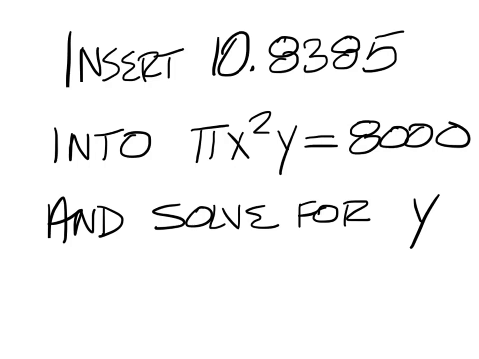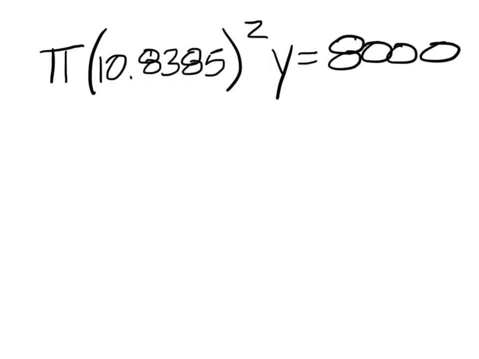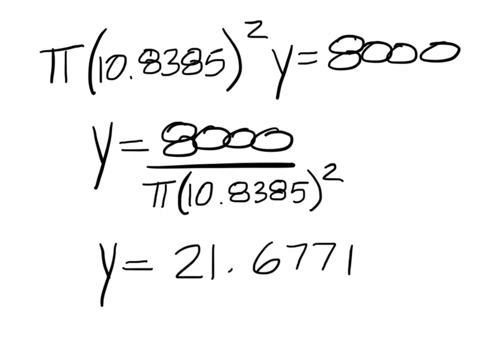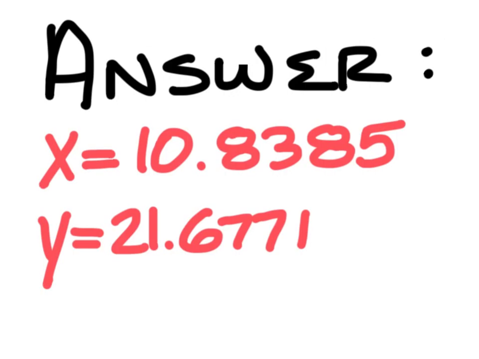So inserting the 10.8385, divide 8,000 by pi times 10.8385 squared, and come up with a value of 21.6771. Final answers are 10.8385, and the height is 21.6771.